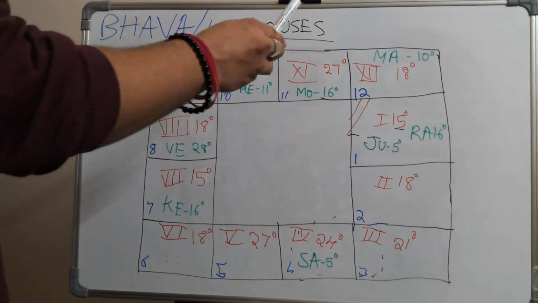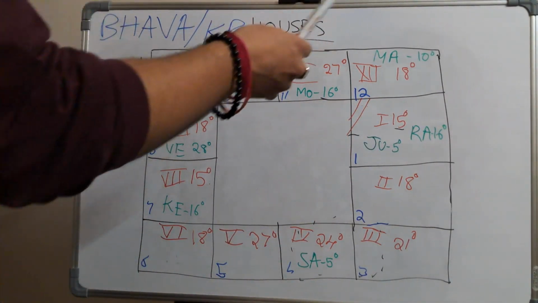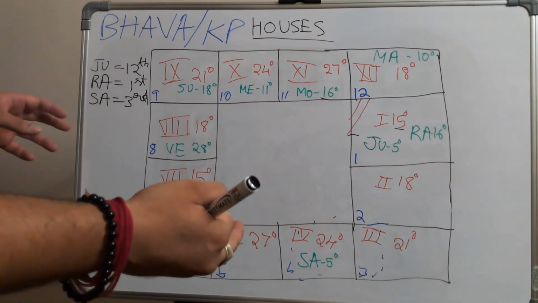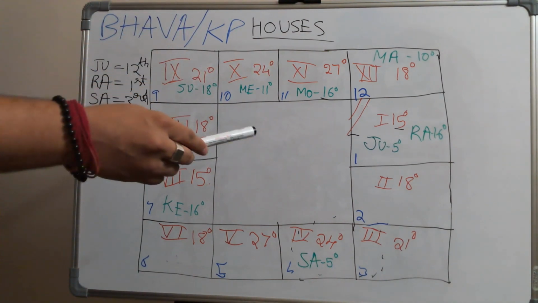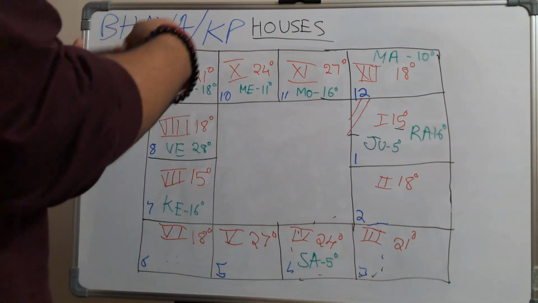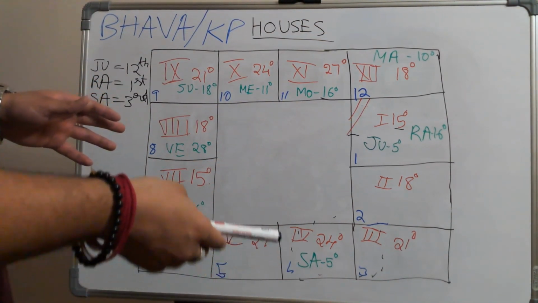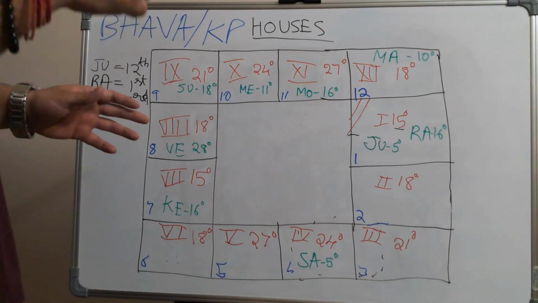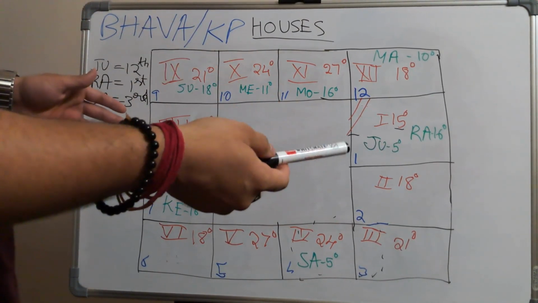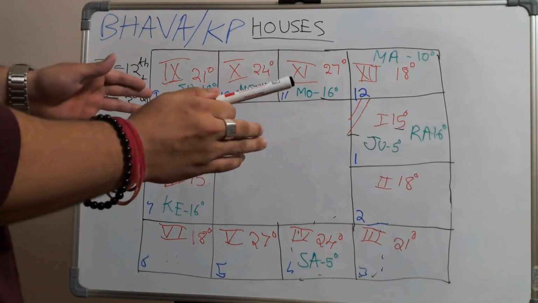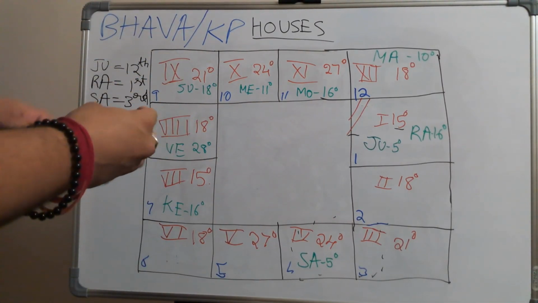But in total, all these degrees will also lead to 360 degrees only. I've just rounded this off and tried to keep this chart very simple, because sometimes people can make this chart very complex, whereas this chart is very simple.